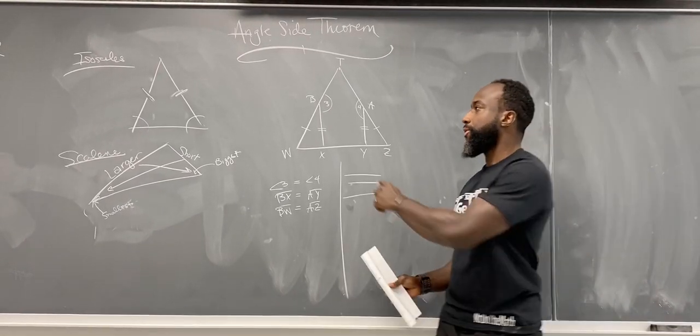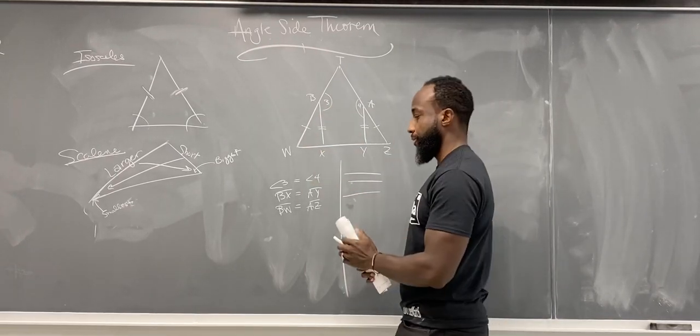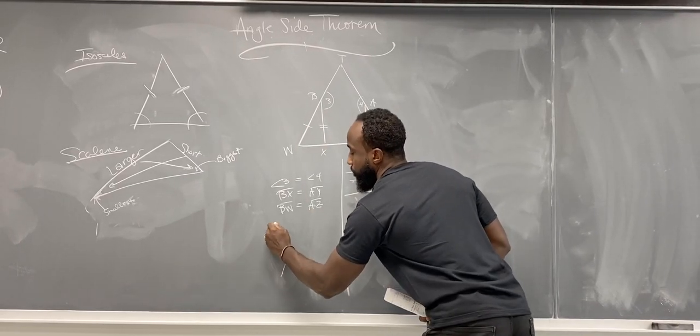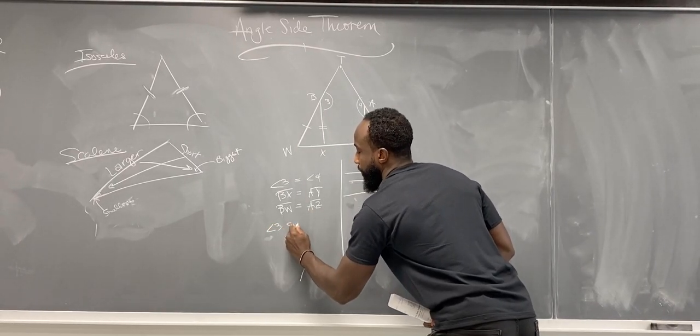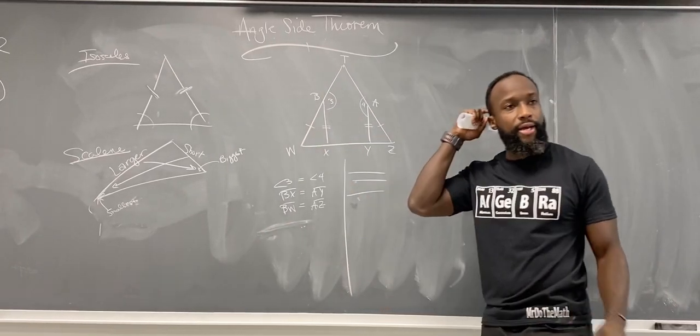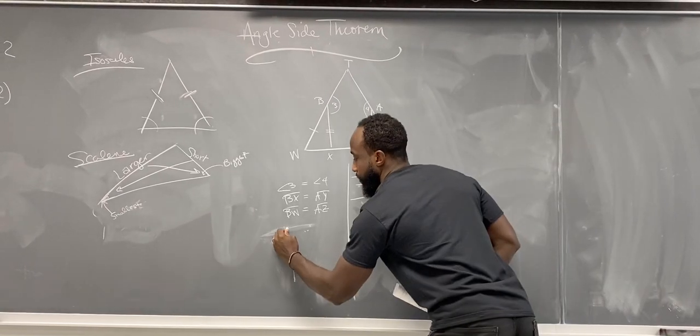What's the relationship between angle 3 and angle B? They're supplementary. So that's what we need to say. Angle 3 is supplementary to, oh no, we can't do that first. First we need to say we have a straight angle. Where's the straight angle?